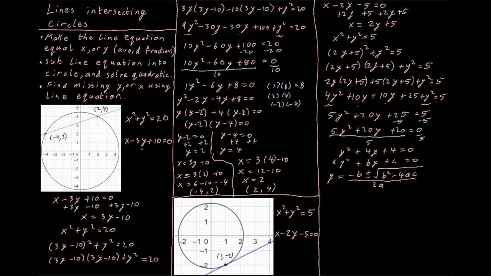So we write down our formula from our log tables and sub in. So a is equal to 1, b is equal to 4, c is equal to 4. So subbing into our equation, we have minus 4 in brackets plus or minus the square root of 4 squared minus 4 on 1 on 4.